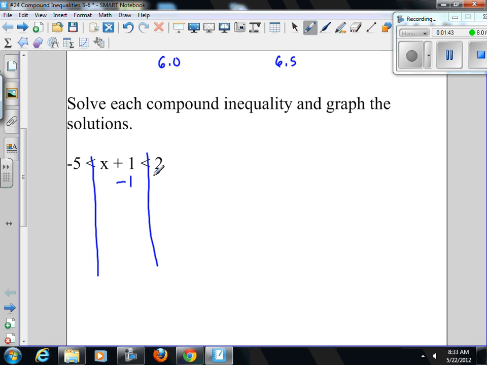But now we need to subtract it from 3 places rather than just 2 like before. So -5 minus 1 is -6. The 1's cancel, so we have x in the middle, and 2 minus 1 is 1. So we have our inequality. I'll write it up here. -6 is less than x, which is less than 1.